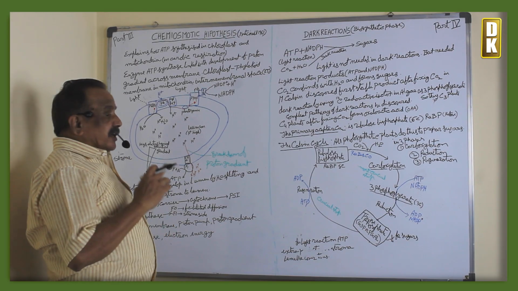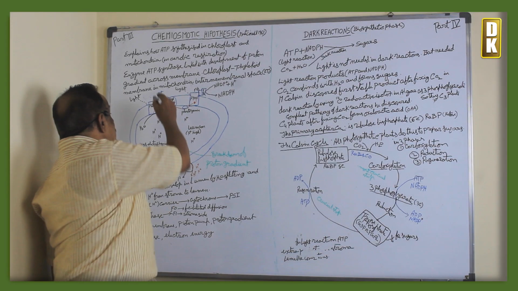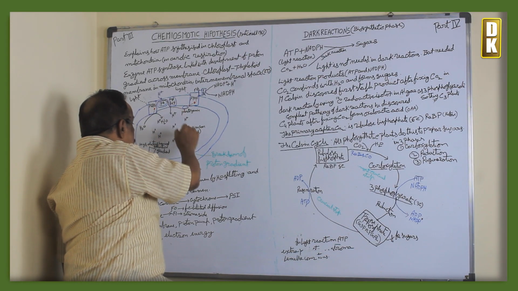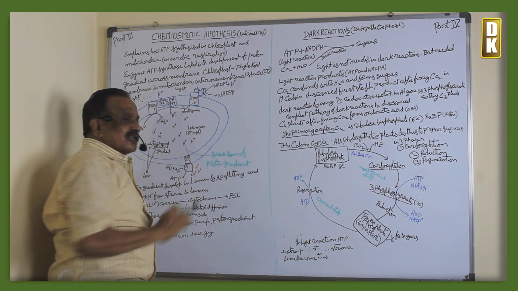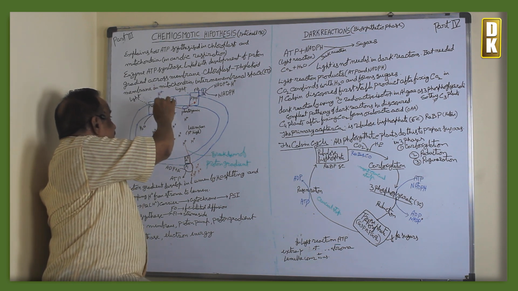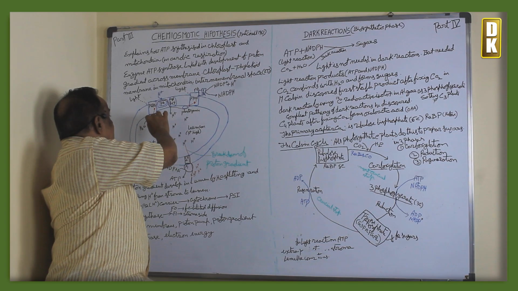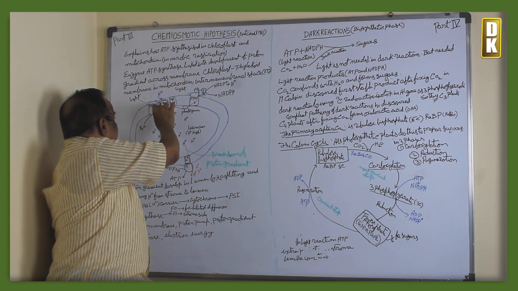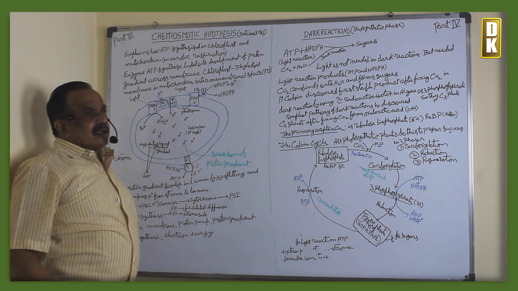That much weight of proton will be pumped from the stroma to the lumen, the place inside the thylakoid membrane that we call the lumen. So from stroma to lumen, it is pumped with the help of the kinetic energy of the electron.